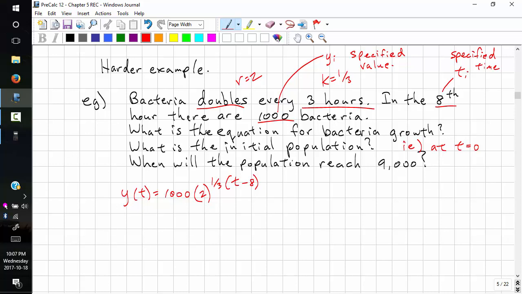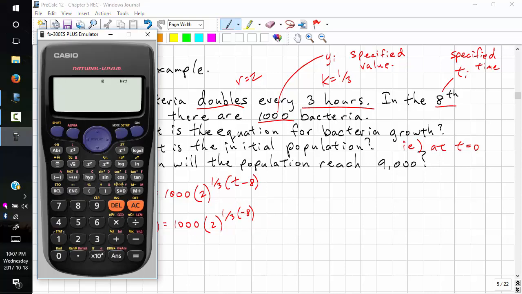Okay, so this answers 1. For 2, we just plug in 0. 1,000, 2, 1/3 of -8. Let's plug this in. 1,000 times 2 raised to the power of -8 divided by 3.